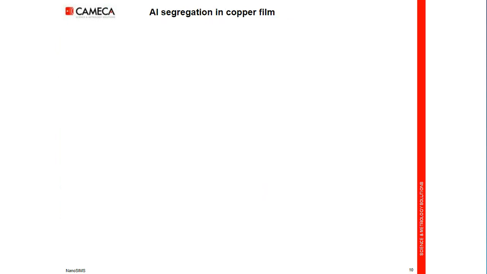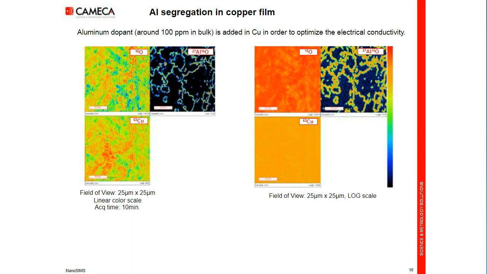This example shows, again, a trace level measurement. Here it is aluminum that is added as a dopant in copper to optimize its electrical conductivity. We imaged the surface of the film that was provided, selecting oxygen, aluminum, and copper.